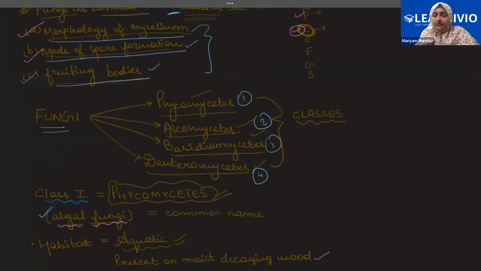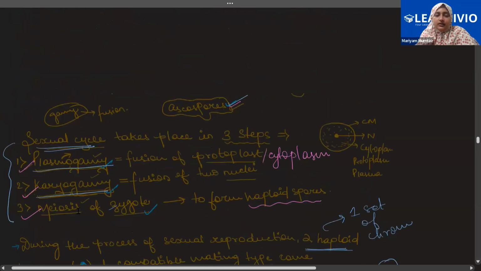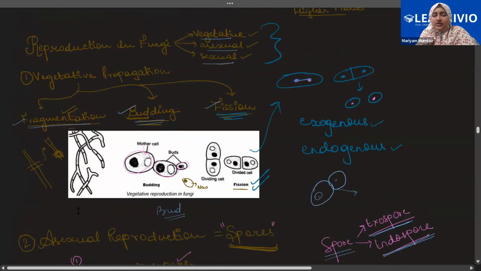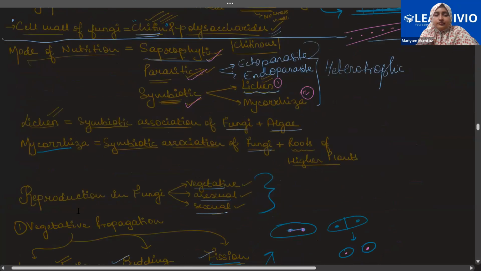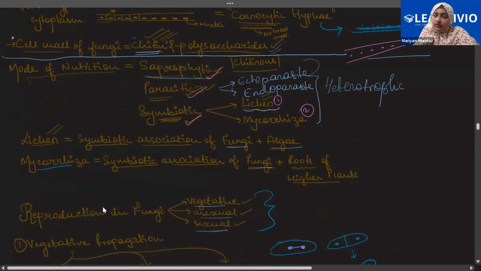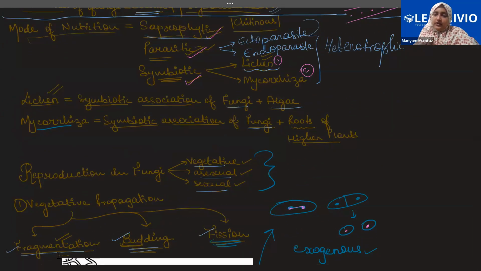Any doubts up until now? Okay. Now you can note down till here, then we'll move forward. Also, wherever you see diagrams, you can draw them so that it will help you. Was anything left before to note down? No, ma'am. Okay. You can switch off your videos and write comfortably.